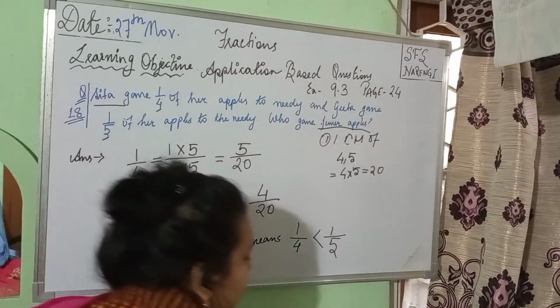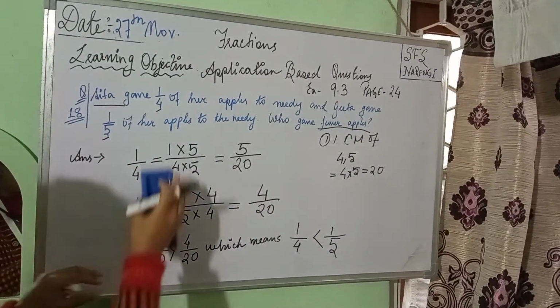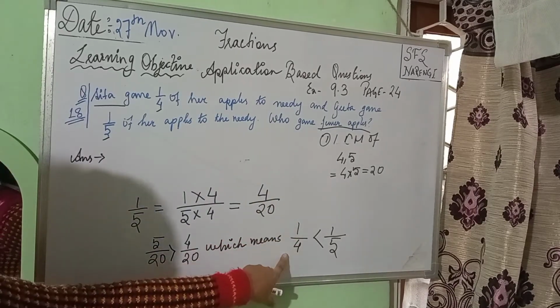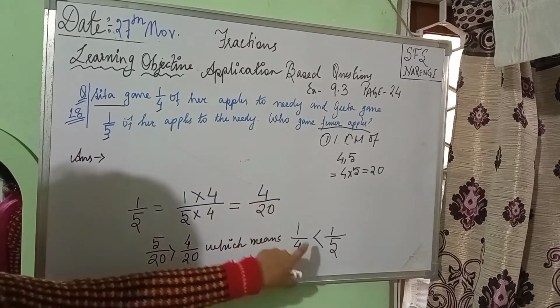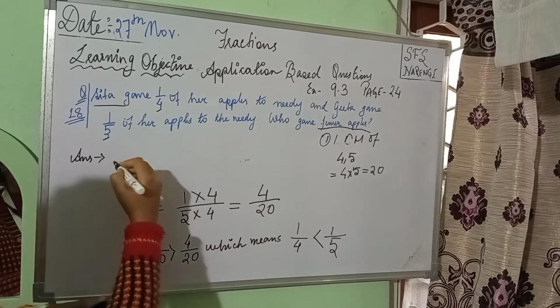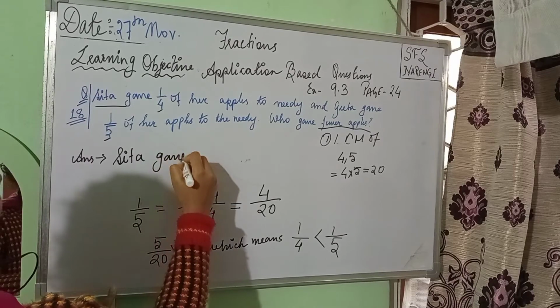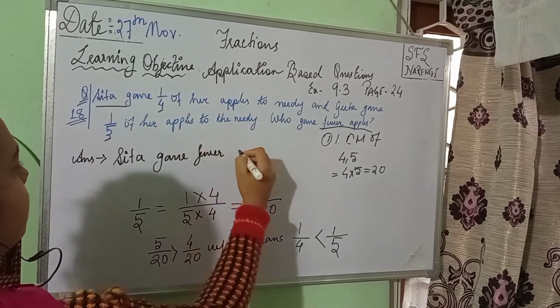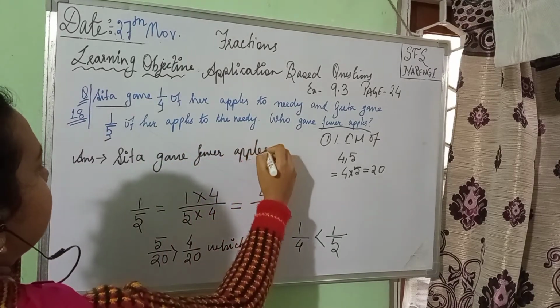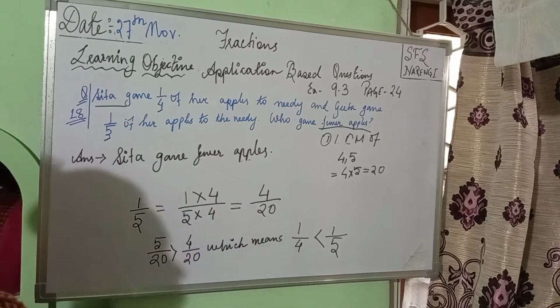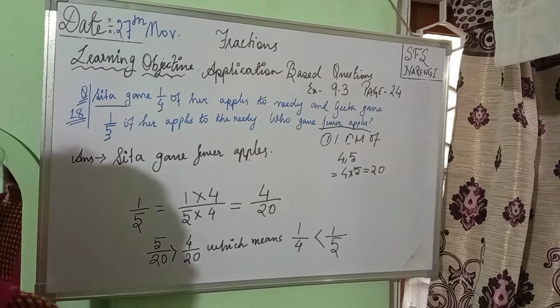So what can I write? So my final answer is that since Sita gave 1/4 of the apples and 1/4 is less than 1/5, I can say that Sita gave fewer apples. Right, children? Is it okay? Please note this question down in your copies, okay? All right.